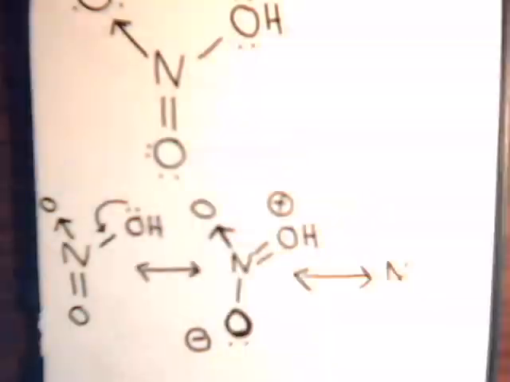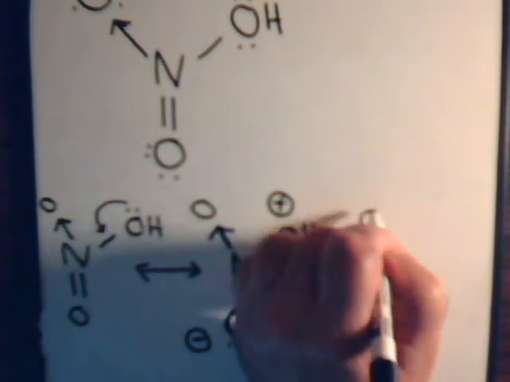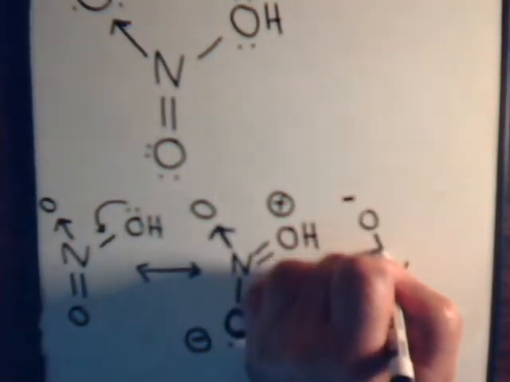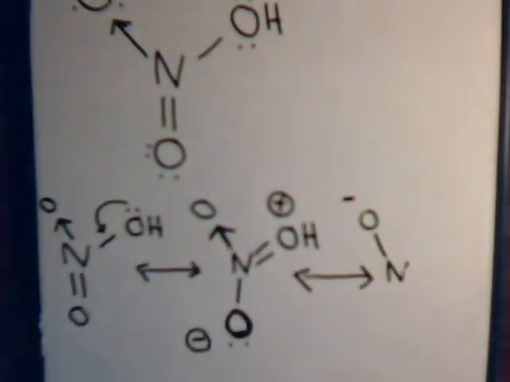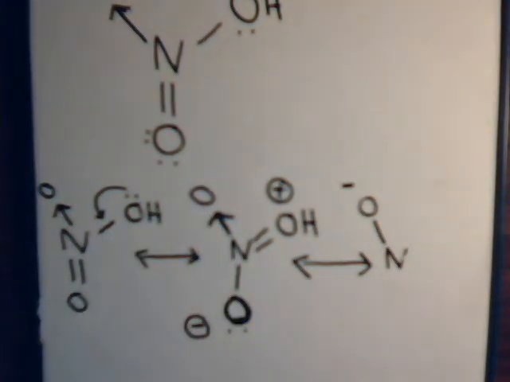So what will happen is this oxygen now has a negative charge, and it forms a normal sigma bond with nitrogen, just like this one did. Same thing, except this one, when it's lost its electron to this oxygen, it no longer has an extra electron.